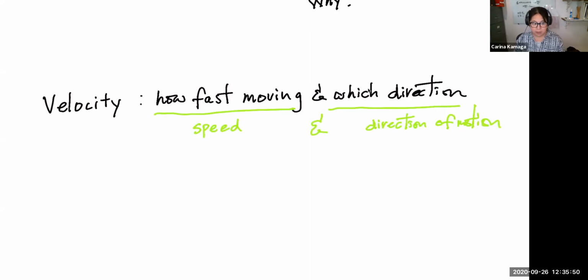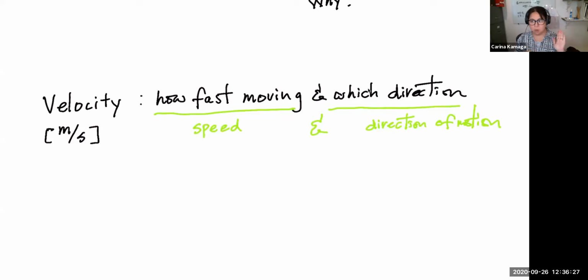To find the magnitude, the unit is going to be the same as speed. The unit of velocity is meter per second. If you're looking at whatever distance you're interested in, from point A to point B, and what the velocity of that object was, you look at how long it traveled from point A to point B, divided by the time it took, to find the speed and the velocity.